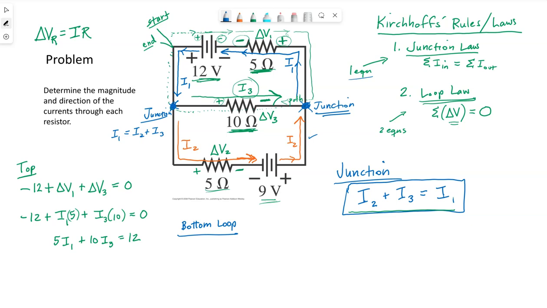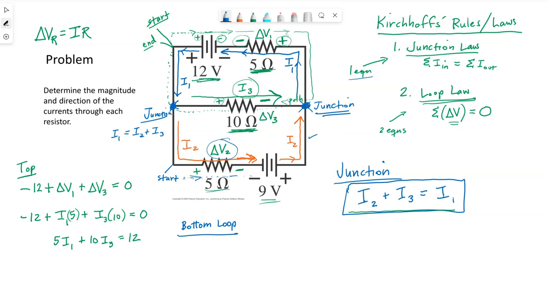It does not matter where we start, but we have to end where we started. Let's just start this loop in the bottom left corner, and let's take this path going to the right. We don't have to go with the current, but we can. So in this case, we're going with the current.